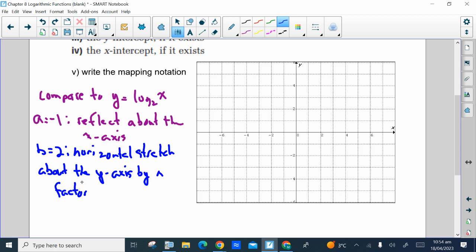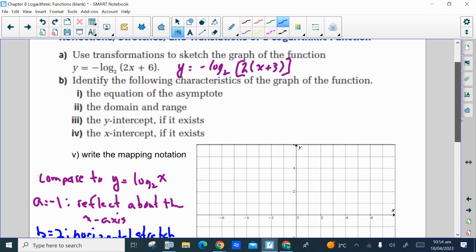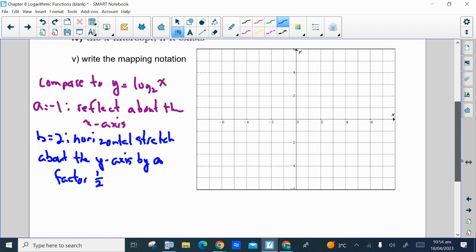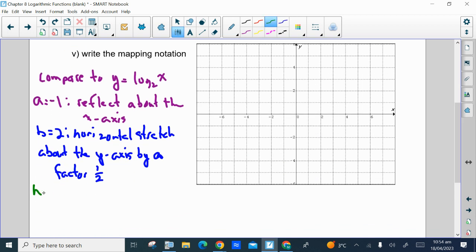And so that stretch factor, remember, is always the reciprocal of b, which, because b is 2, the horizontal stretch factor is a factor of a half. And then x is replaced with x plus 3, which means our h value is negative 3. So this graph will also shift 3 left.